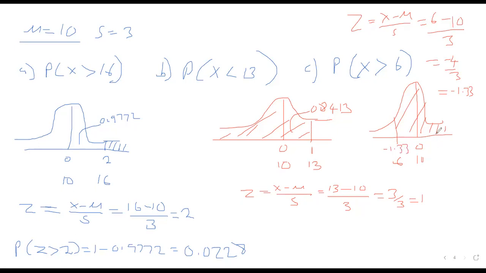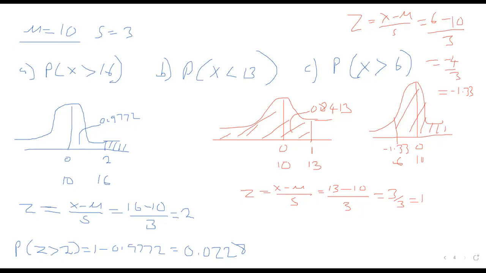So you can do it in two ways here. We know that this shaded region is big, so we get a bigger probability. We can read it directly if you're using the positive values. So 1.33, read it directly.